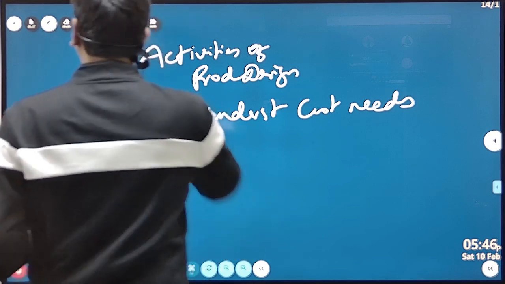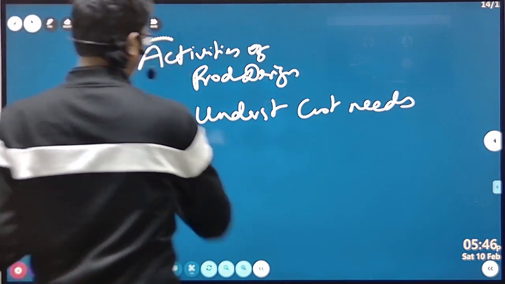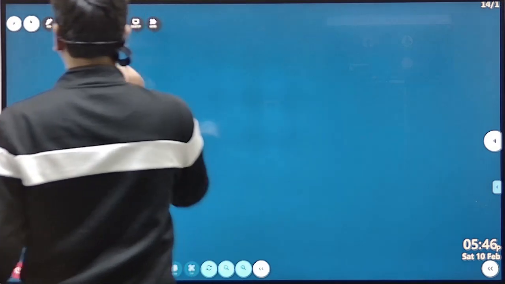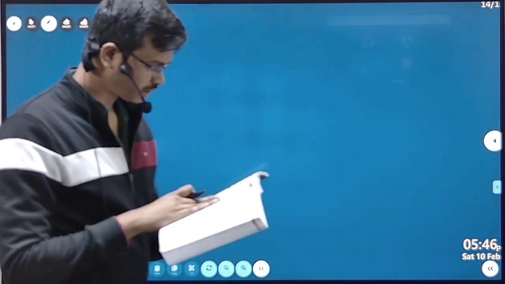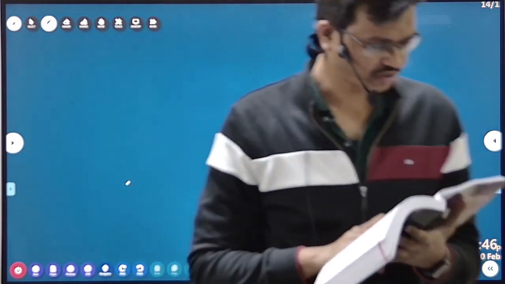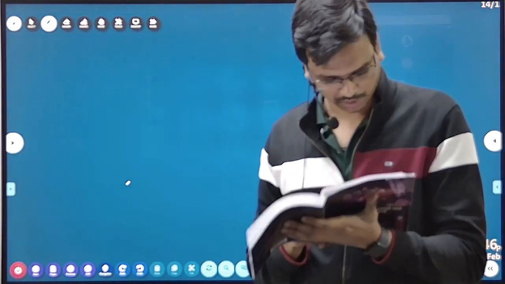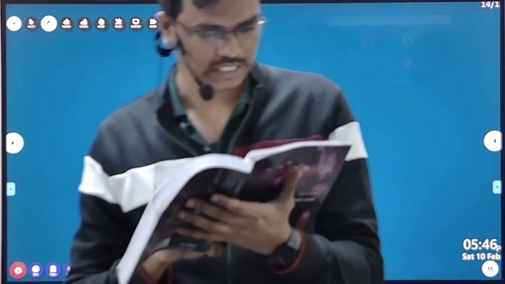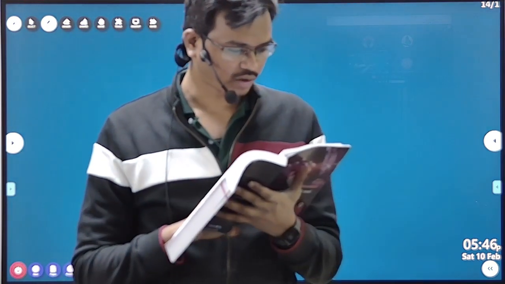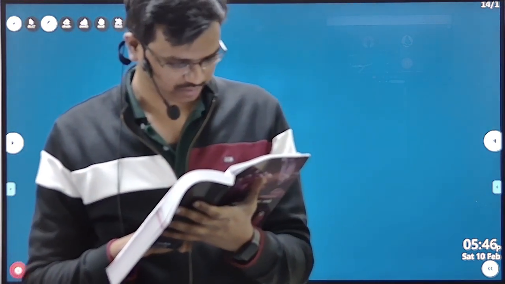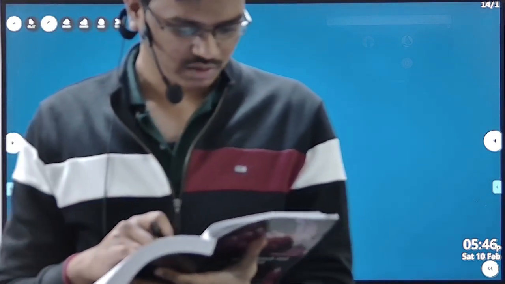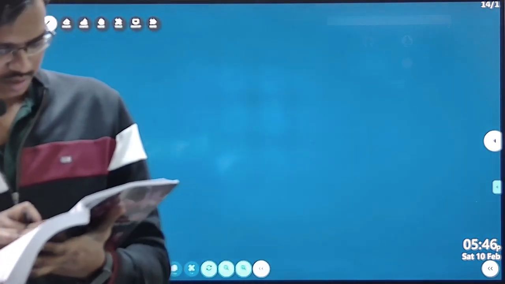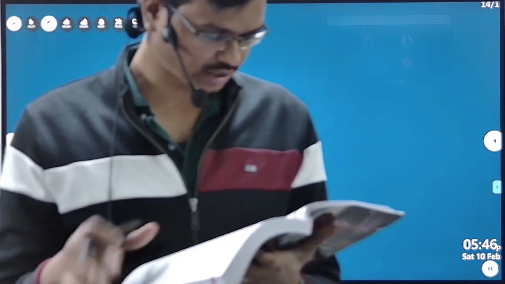So you can take a look at the figure he has given on page number 90. He has outlined all the activities of product design. So we can see what activities take place in designing a product.